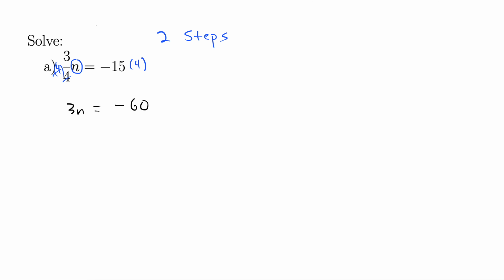Just as a side note, in practice you're just bringing this denominator up to the other side. Mathematically, we're multiplying both sides by 4. Intuitively, you just take that denominator, bring it up to the other side, and multiply.